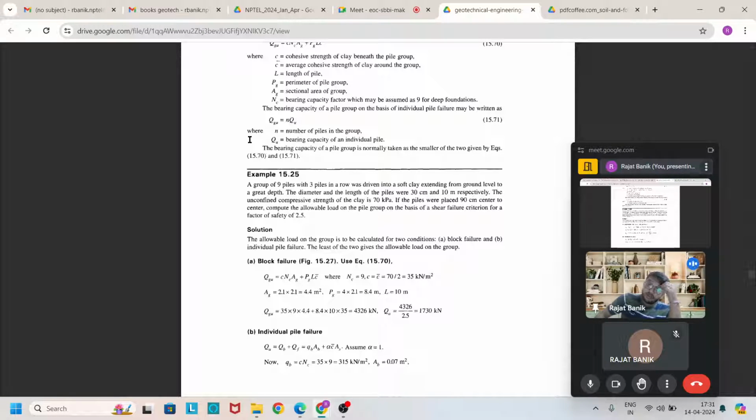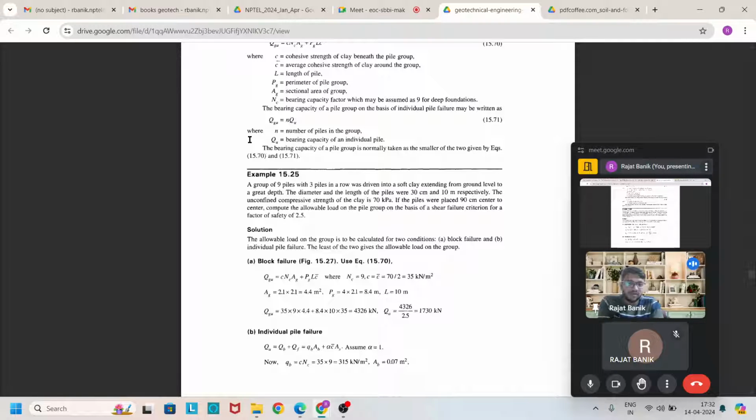So the length and width of this block is 2.1 meter by 2.1 meter, because the formula is n minus 1 into spacing plus d, where d is the diameter of the pile.